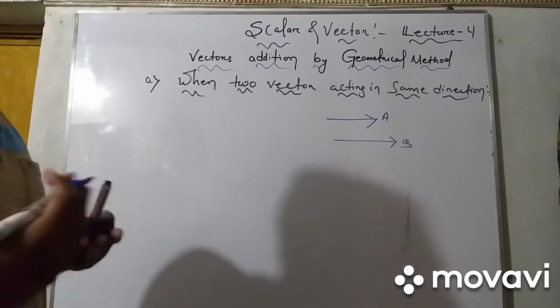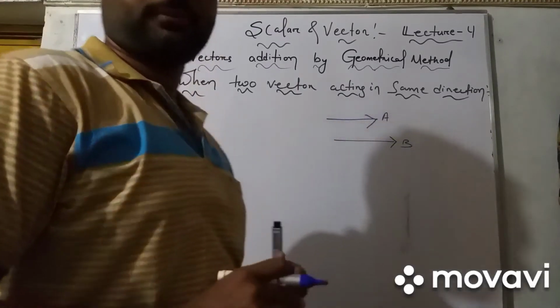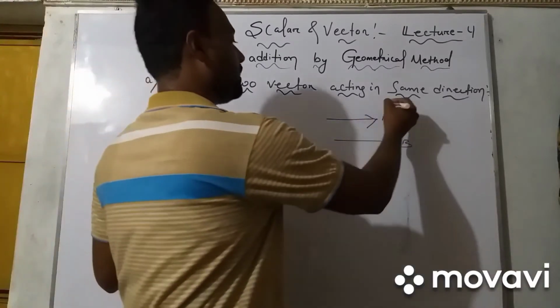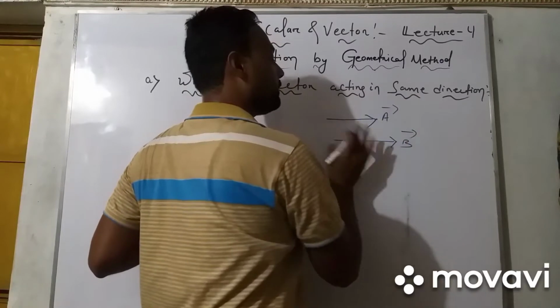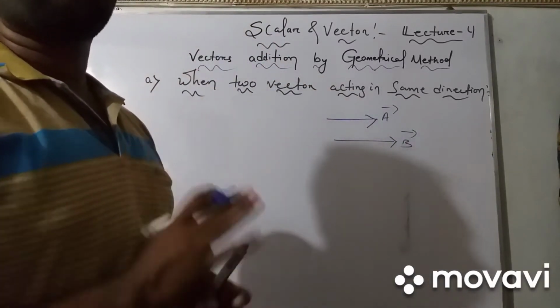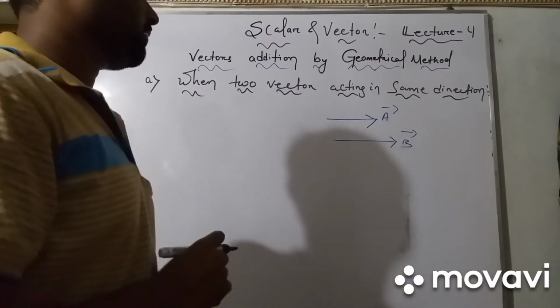What is the direction of the resultant vector and their magnitude? We will calculate the direction of the resultant vector when A vector and B vector both are in the same direction.